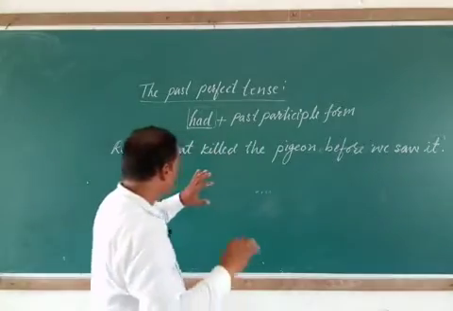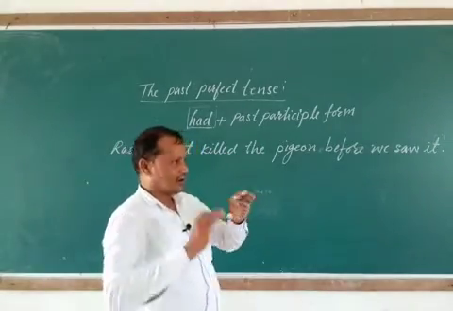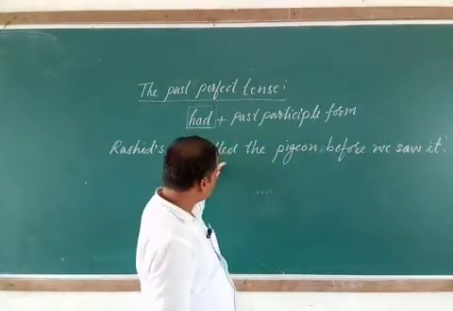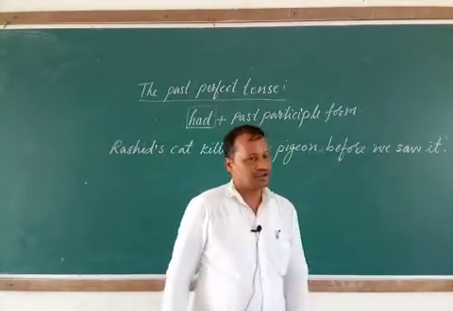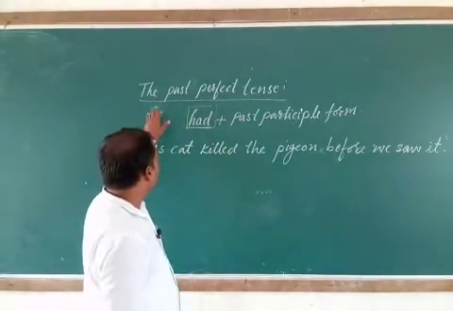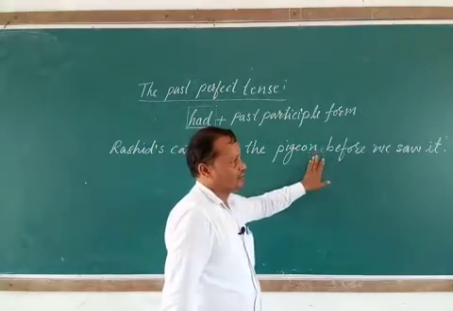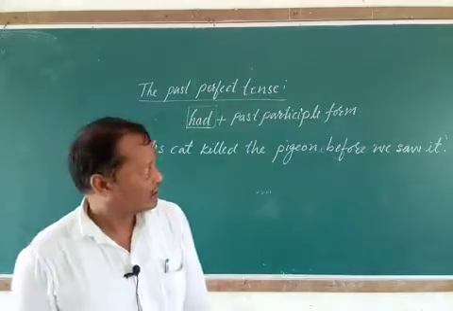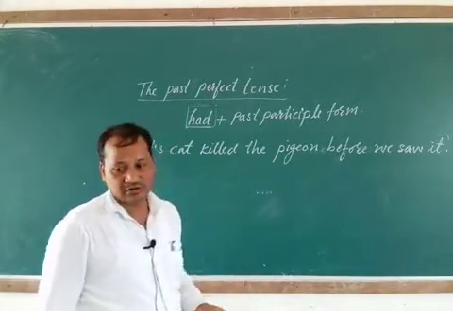Means the first action was Rashid's cat killed the pigeon, and after that we saw it. Means the action had happened before we saw it. So for the first action we use the past perfect tense, and for the second one we use simple past tense. I hope you have gotten it, how to use the past perfect tense and where to use the past perfect tense.